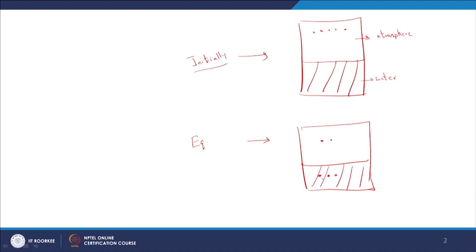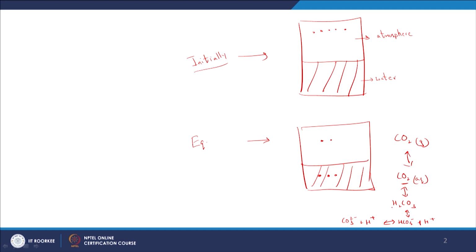So what's happening here? The carbon dioxide is changing phase from the gaseous phase to the aqueous phase, and this particular CO2 in the aqueous phase will further be in equilibrium with H2CO3, which will further be in equilibrium with HCO3 minus and H plus, which will again further be in equilibrium with CO3 2 minus and H plus, right.